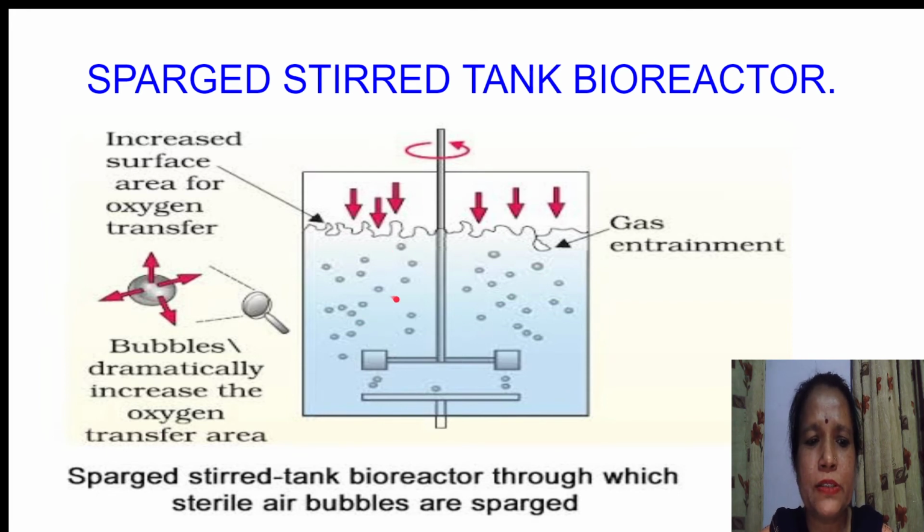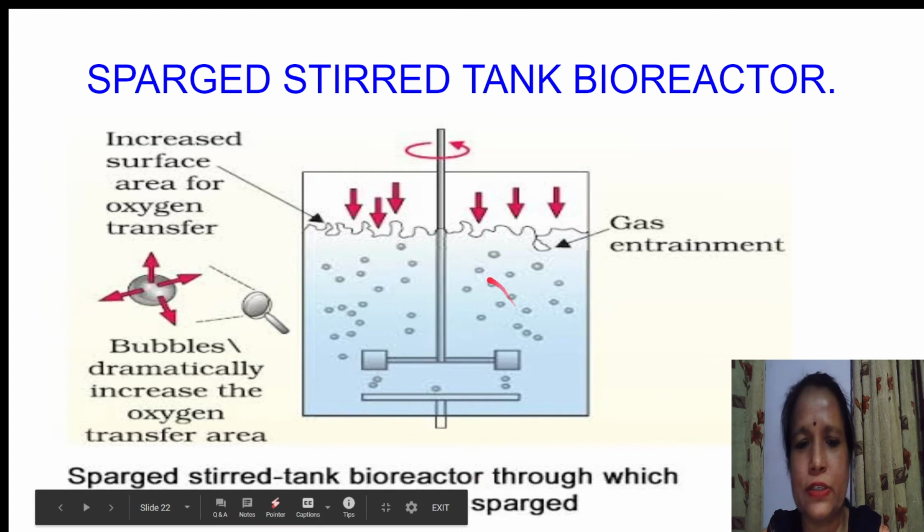These bubbles will dramatically increase the oxygen transfer area inside the bioreactor. You can see here the surface area of the bioreactor is increased. So increased surface area for oxygen transfer, and more oxygen is available for the microorganisms.